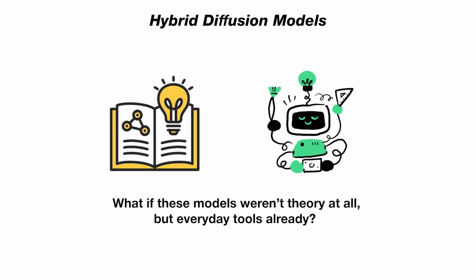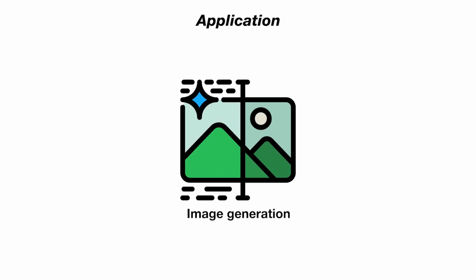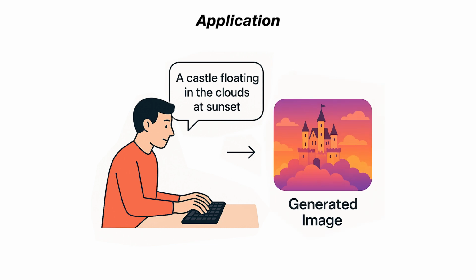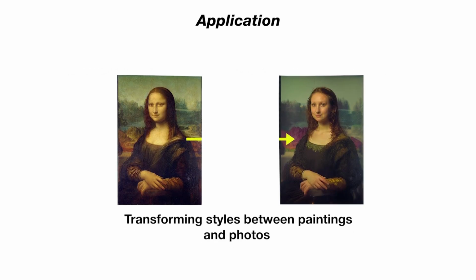And what if these models weren't theory at all, but everyday tools already? That's exactly where diffusion models shine today. Their most visible use is image generation, powering platforms that let anyone create artwork from prompts. They also handle editing tasks like in-painting missing details or transforming styles between paintings and photos.